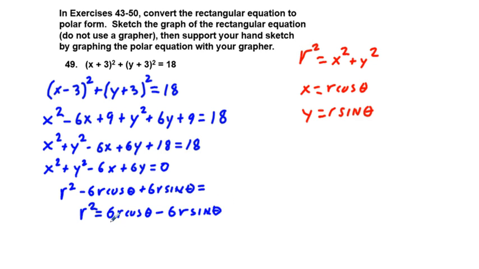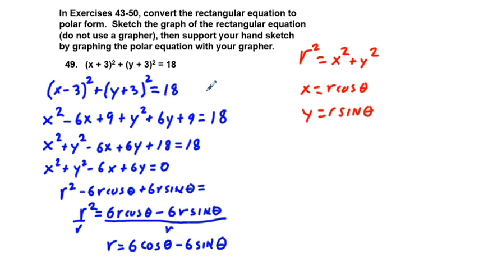And if we divide both sides of this equation by r, we're going to get r is equal to 6 cosine theta minus 6 sine theta.